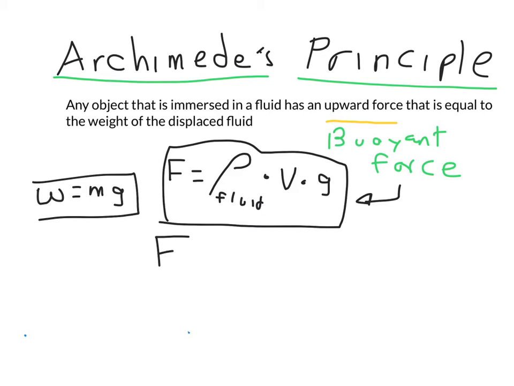Once we have both data, we only have to compare the buoyant force and the weight of the object. If the buoyant force is greater than the weight, then the object floats.